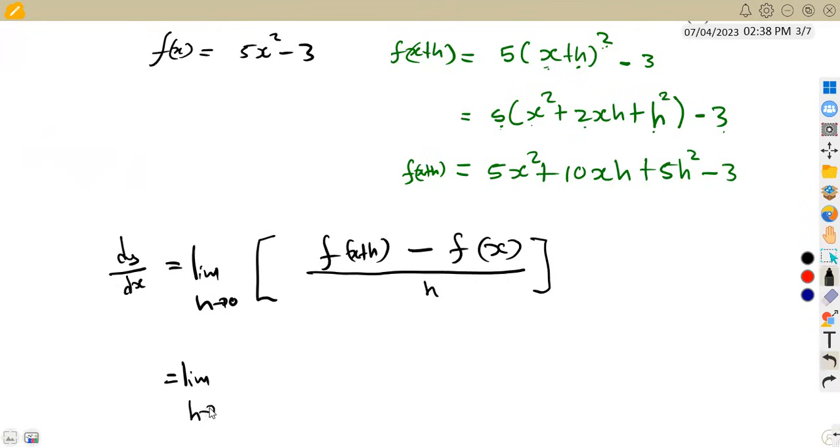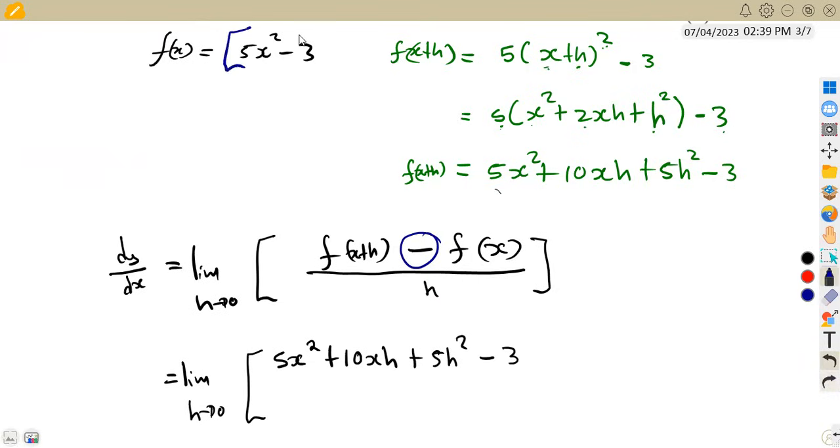Limit as h is approaching 0 of f of x plus h. This is your f of x plus h as it is. So you're going to substitute the whole expression as it is. That is 5x to the exponent of 2 plus 10xh plus 5h squared minus 3. Then take note what I was saying. It's minus f of x, meaning to say the minus here is going to affect our f of x.